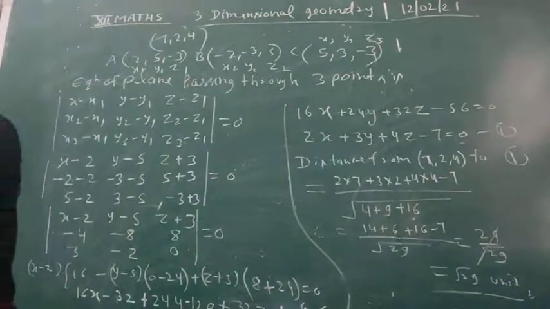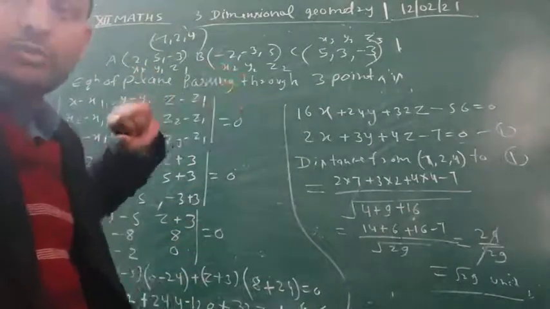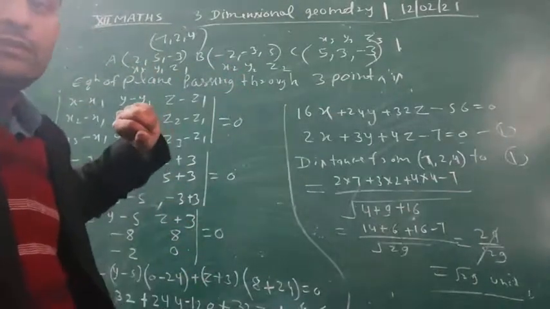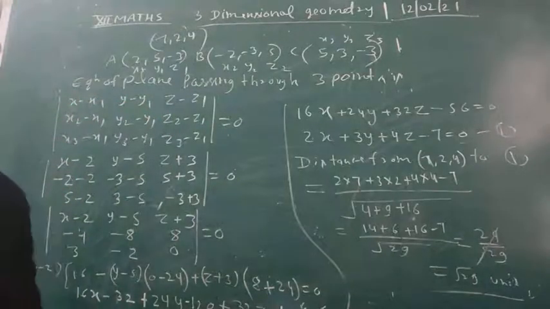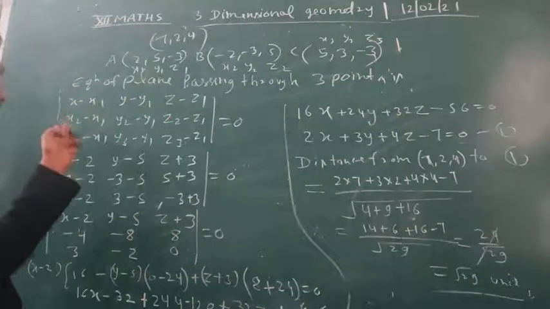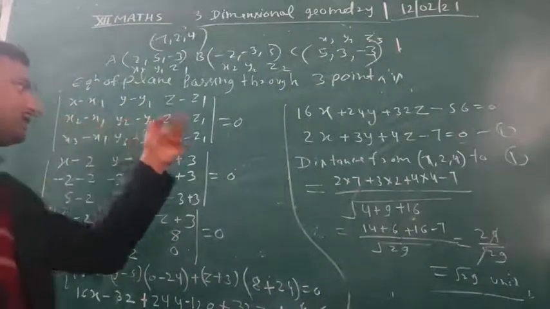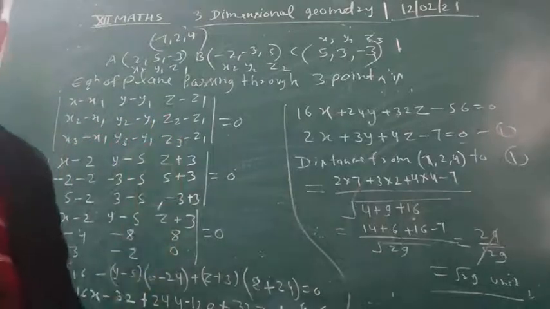First of all, students, we found the equation of the plane passing through the 3 points. As you know, we already know the formula: the plane passing through 3 points is the determinant with rows x minus x1, y minus y1, z minus z1; x2 minus x1, y2 minus y1, z2 minus z1; x3 minus x1, y3 minus y1, z3 minus z1, equal to 0.